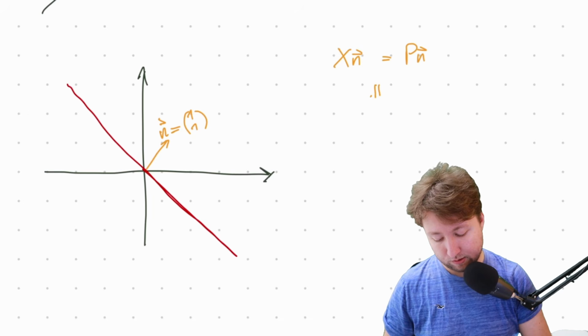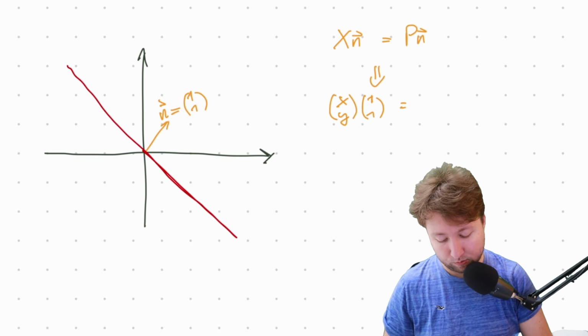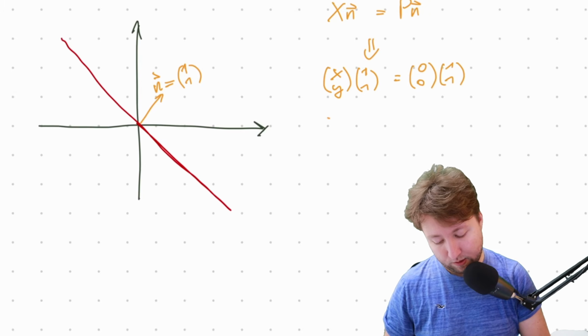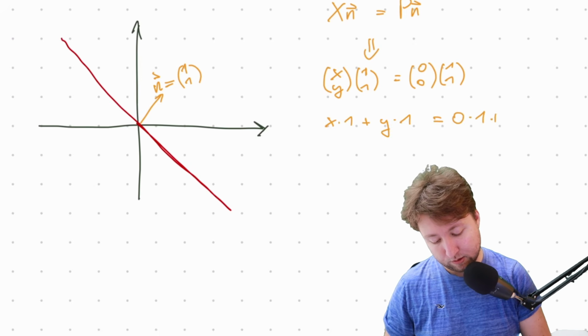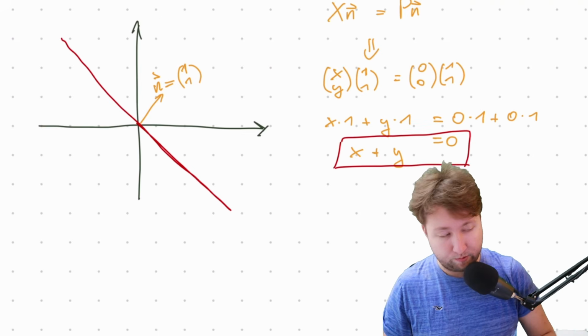So this translates to (x, y) with the dot product with (1, 1) equals a point on the line, which in our case we can take the origin, so (0, 0), with the dot product with the normal vector (1, 1), and that gives x times 1 plus y times 1 equals 0 times 1 plus 0 times 1 equals 0. So x plus y equals 0 is the normal vector equation of this line that we have over there.